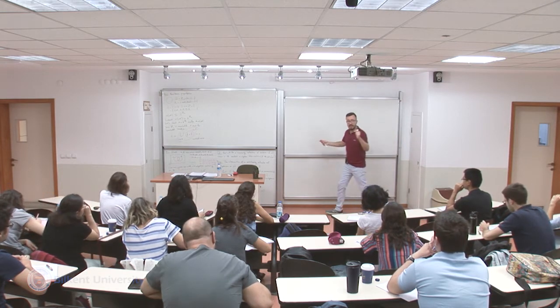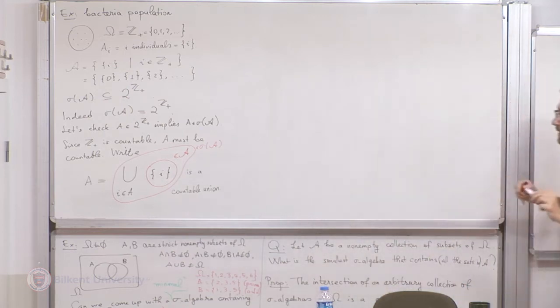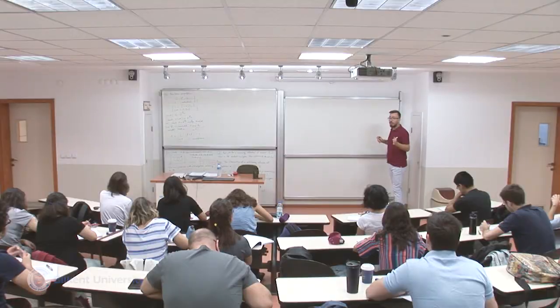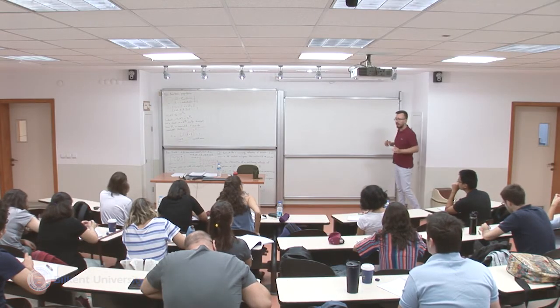No. It's in sigma A. The countable union of sets in script A can be in sigma A, but doesn't have to be in script A itself, because the one that is a sigma algebra is sigma A, not script A. Okay?